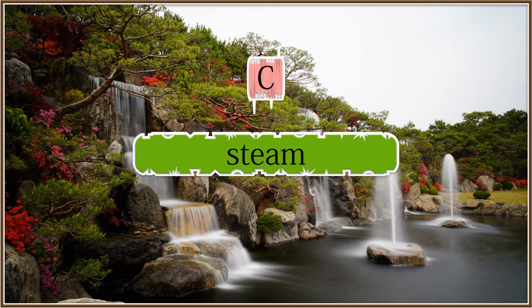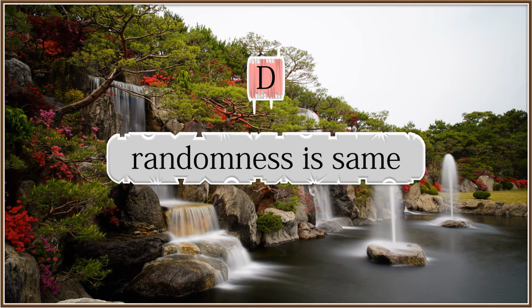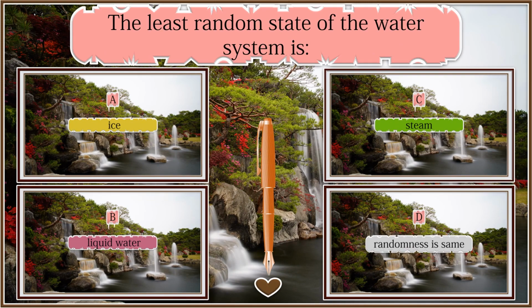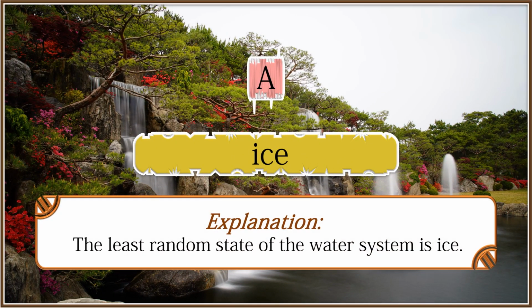Steam. Randomness is same. The answer is ice. The least random state of water system is ice.